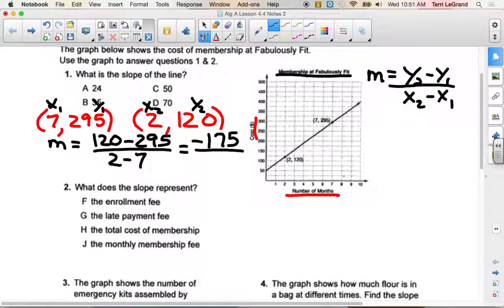And 2 take away 7. -5. Oh, isn't it 5? Okay. So M equals, what's a negative divided by a negative, class? Positive. How many 5s are there in 175? 35. 35 of them.